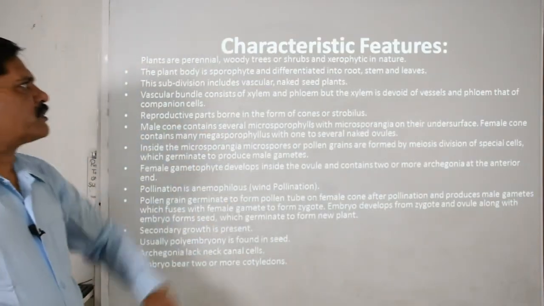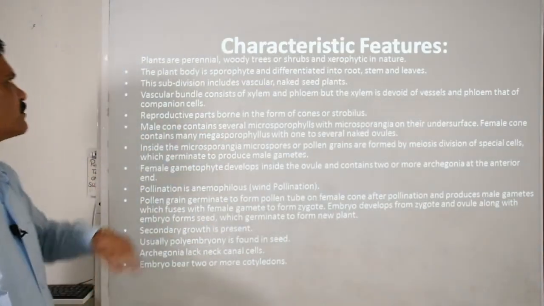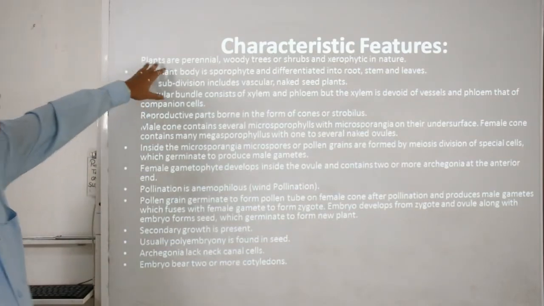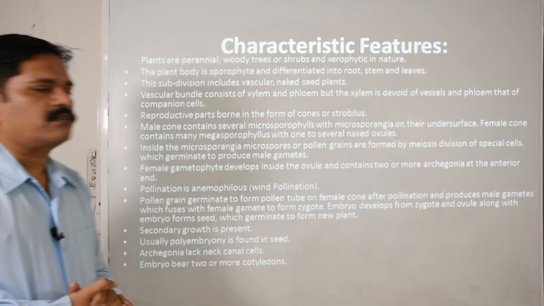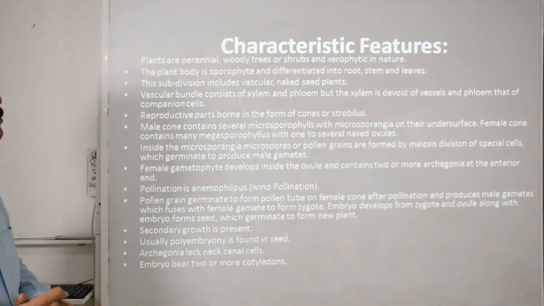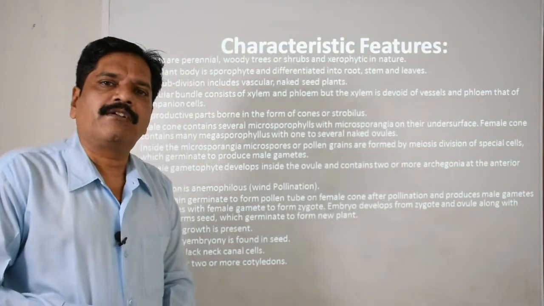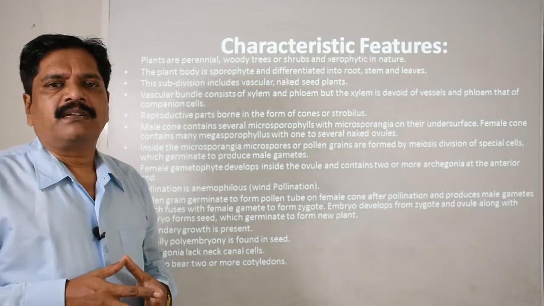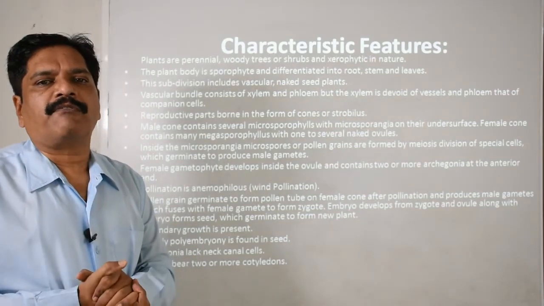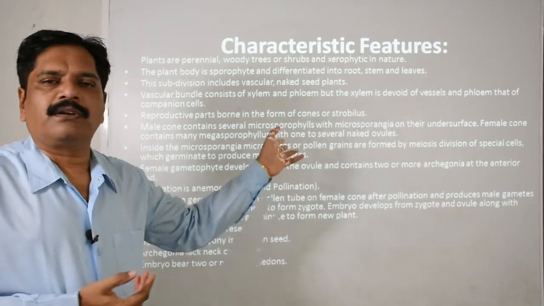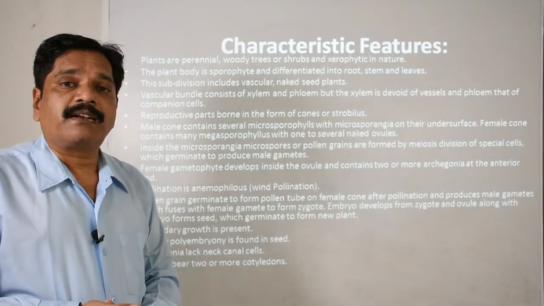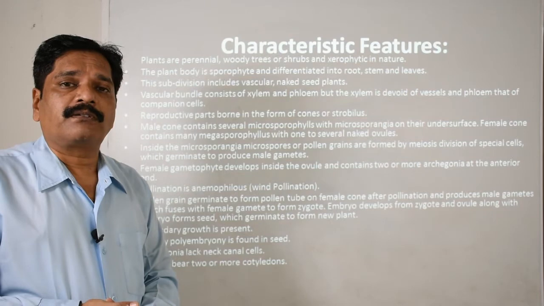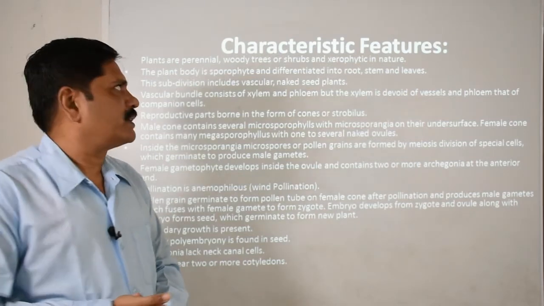Now here we are talking about the characteristic features. These are perennial woody trees or shrubs and xerophytic in nature, okay. So what do you learn? Perennial. What is the meaning of perennial? That means they will continue their survival for years and years. As you learned in the previous slide, they may survive for 4,000 years also, clear.